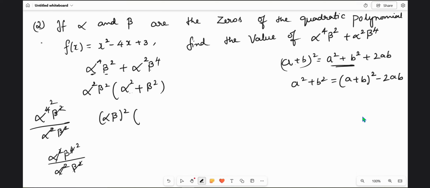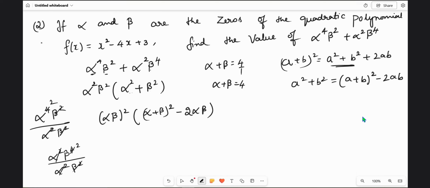So here alpha square plus beta square, I can write as alpha plus beta whole square minus 2 into alpha into beta. Now alpha plus beta is what? Minus b by a, right? You will get it as 4 by 1. So alpha plus beta is 4.